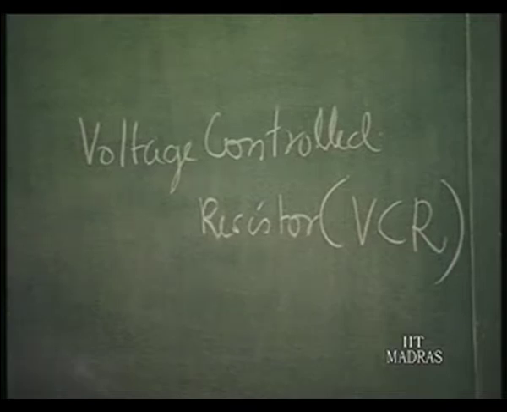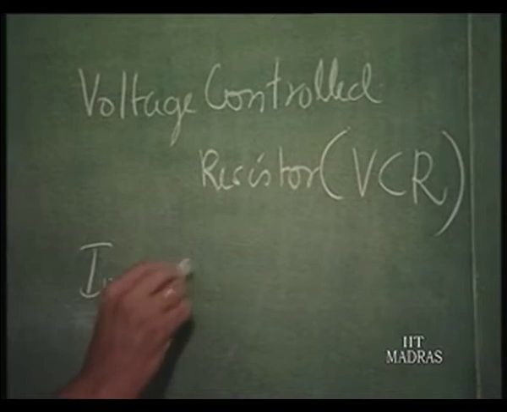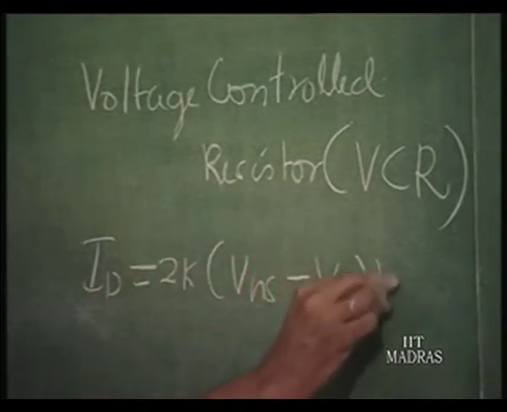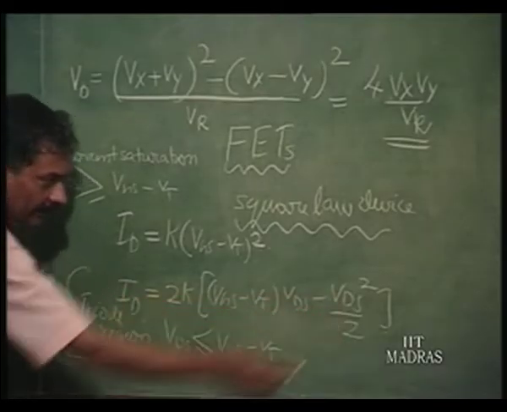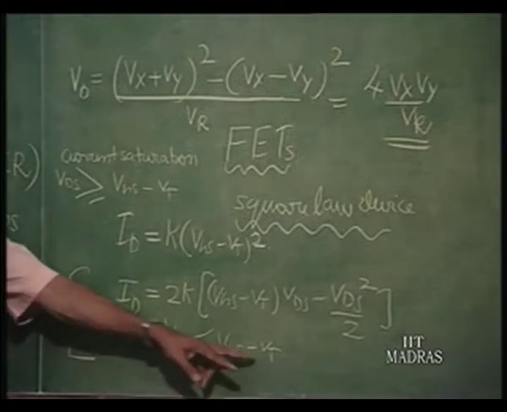That is because ID is equal to 2k into (VGS minus VT) into VDS if I ignore the square law term there. That means, if VDS is very low, I can ignore the VDS squared by 2. Okay. VDS is much less than VGS minus VT.